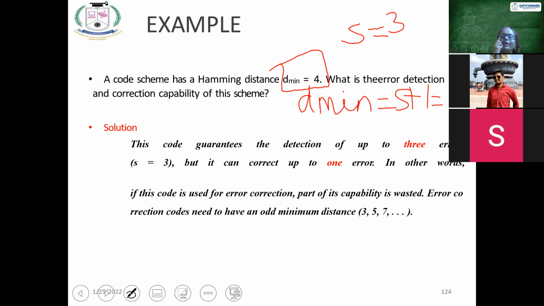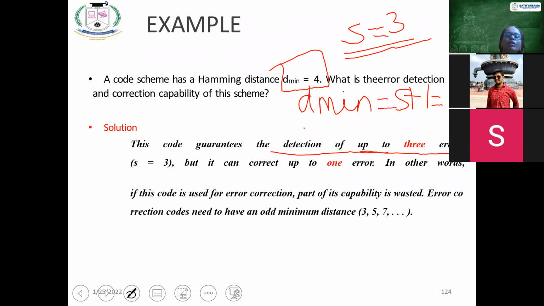And you know in error detection and error correction, it has a guarantee to detect how many bits? 3 bits, ma'am. Very good. 3 bit errors it will detect, not necessarily consecutive.